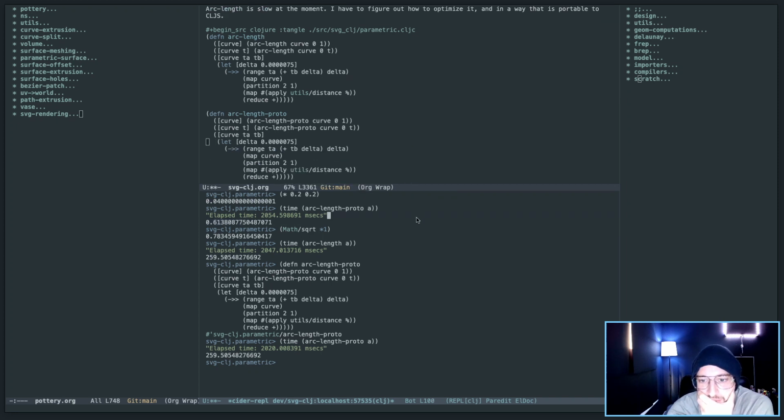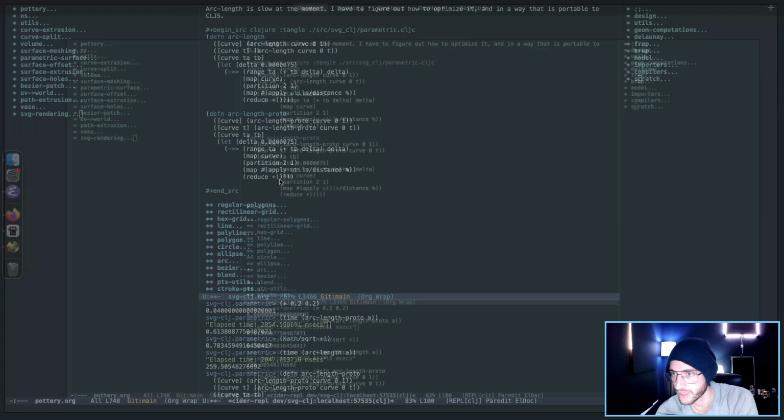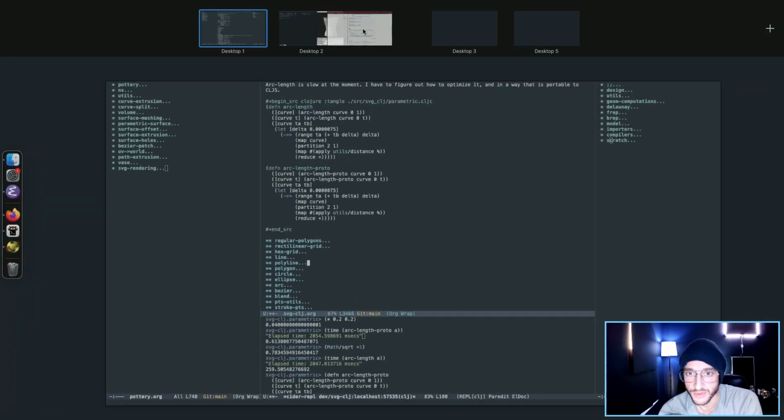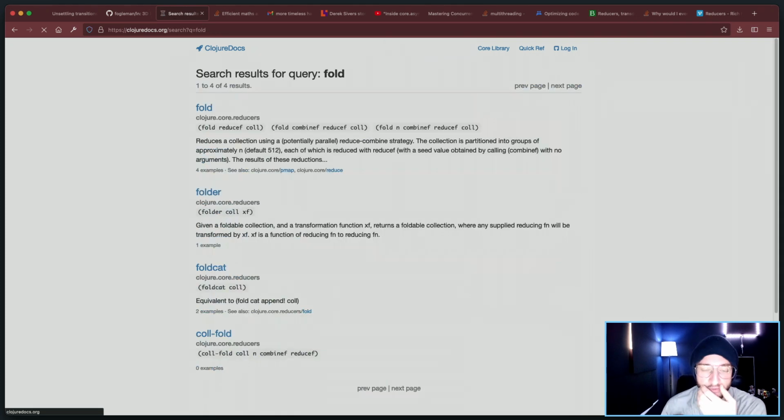So what we'll figure out instead is how to use the reducers library. That's what I want. Let's look up fold and see what's up here. So we're in the Clojure core reducers. Okay, that's what I want.